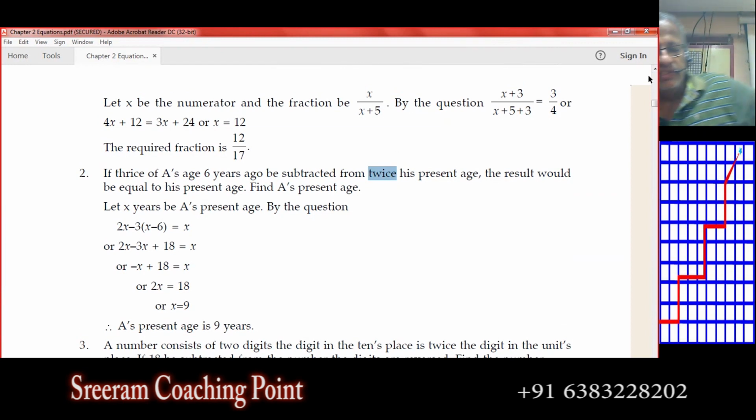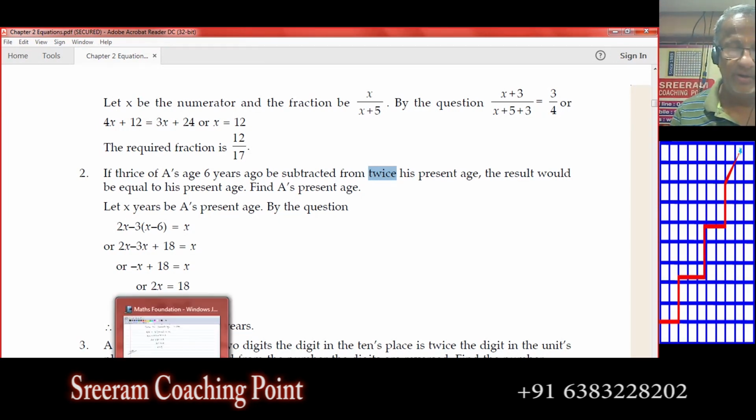See, a number consists of 2 digits. The digit in the 10th place is twice the digit in the units place. If the units place figure is x, the 10th digit place will be 2x. If 18 is subtracted from the number, the digits are reversed.